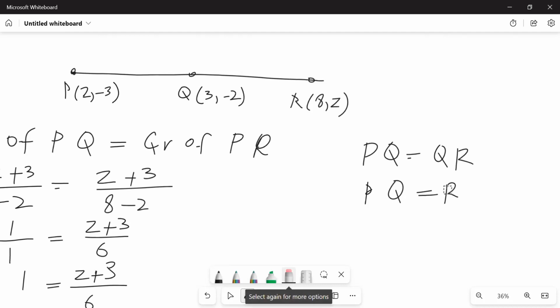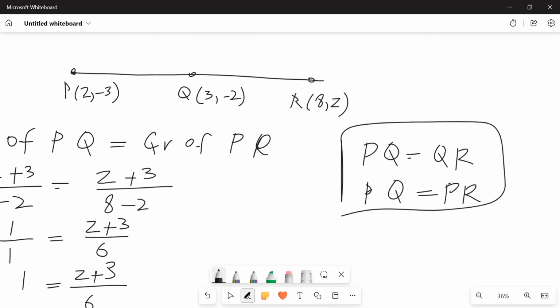It's up to our choice which two gradients we are taking, but we will get the same answer.